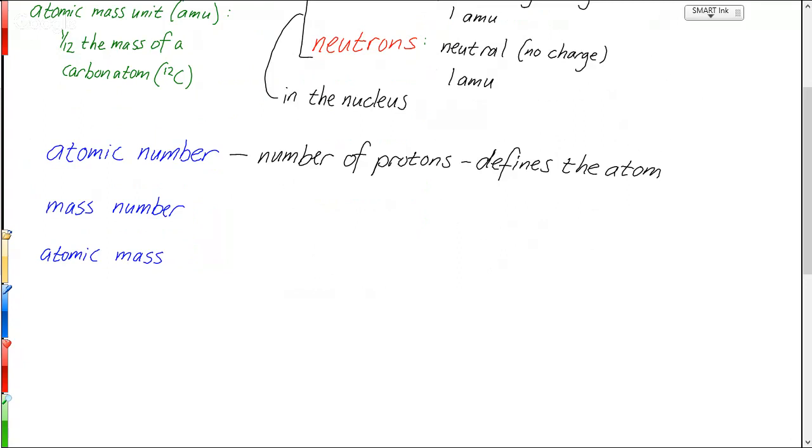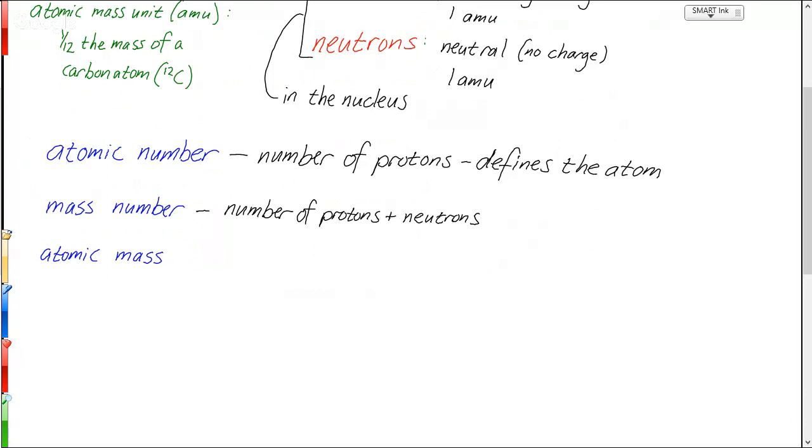The mass number is the number of protons and neutrons. So the number of protons added to the number of neutrons.